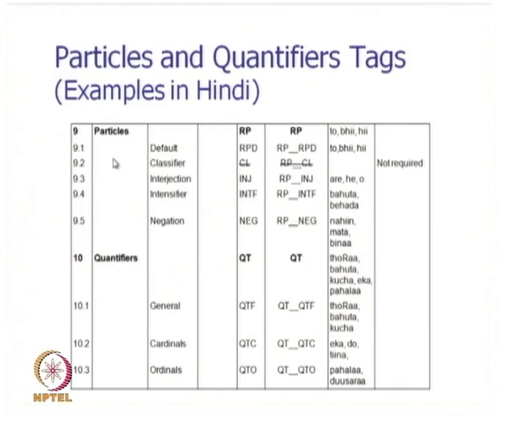Then we come to a category called particles. Particles are very interesting language elements. Things like to, bhi, he is an emphasis marker, indeed. Okay. Bhi is also, to is a discourse element. It has many different roles to play.